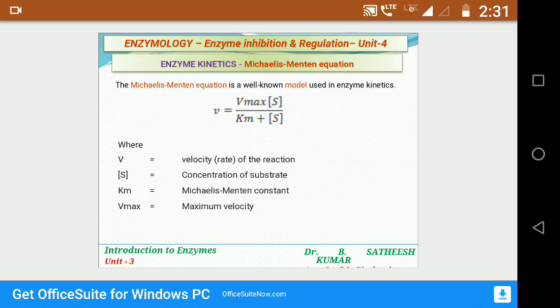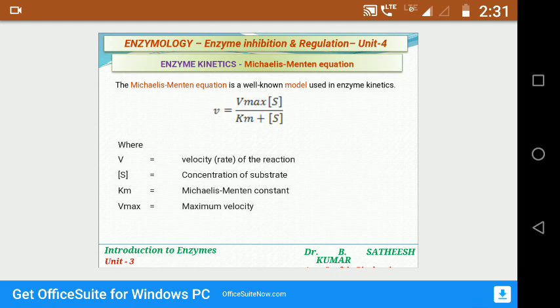and the Km is the Michaelis-Menten constant. This is a constant for all enzymes. This is not specific for any specific enzymes. It is not changed at all. Sorry. For specific enzymes it will stay constant.